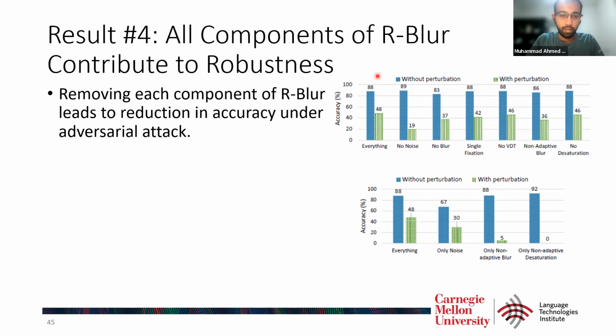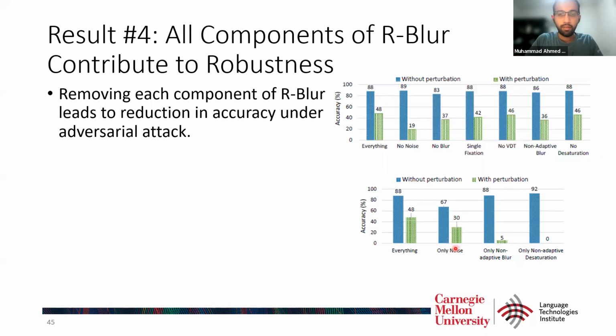This one is the R-blur with all the components intact, and then we remove one component one by one, and we see that none of these has the same accuracy as this one. So removing a component always reduces the robustness of the model. That shows that all components of R-blur induce robustness in the model.